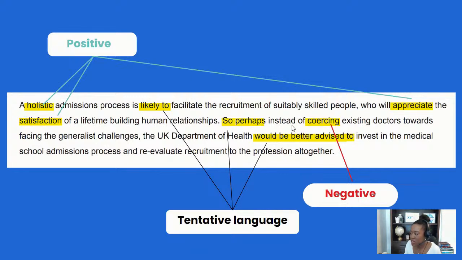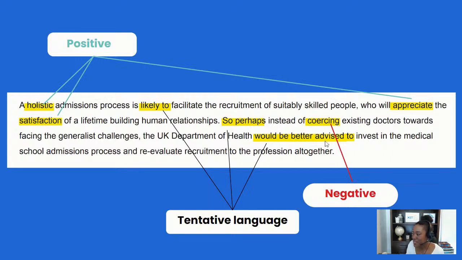Instead of, so rather than coercing, forcing, or making existing doctors face these generalist challenges. So instead of making them do things that they don't necessarily have the natural skills to do, maybe it would be better to do something else. So the writer is suggesting that the UK Department of Health would be better advised to do something else.